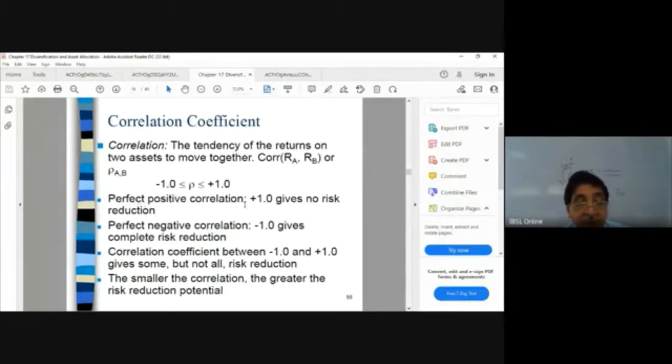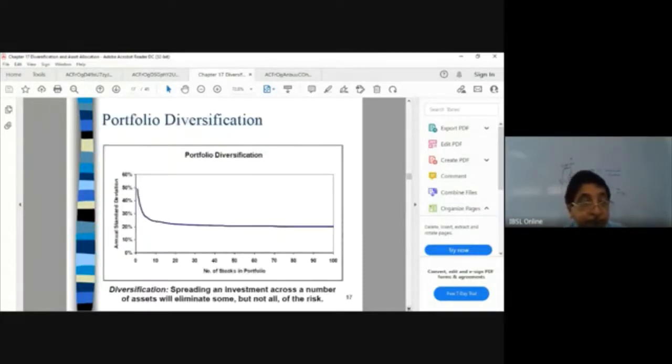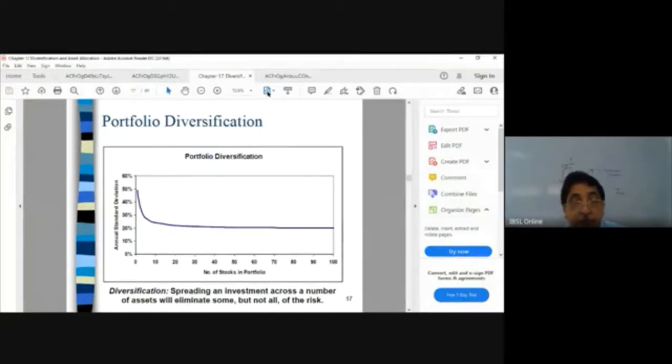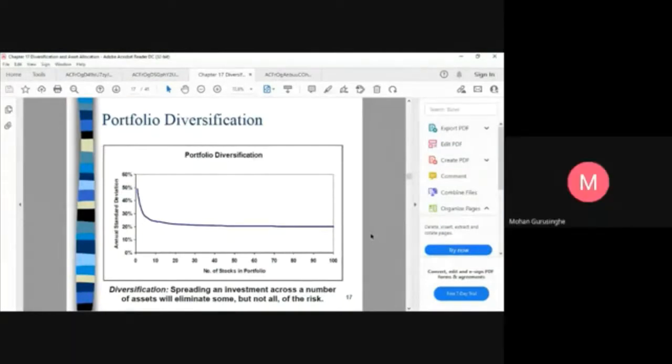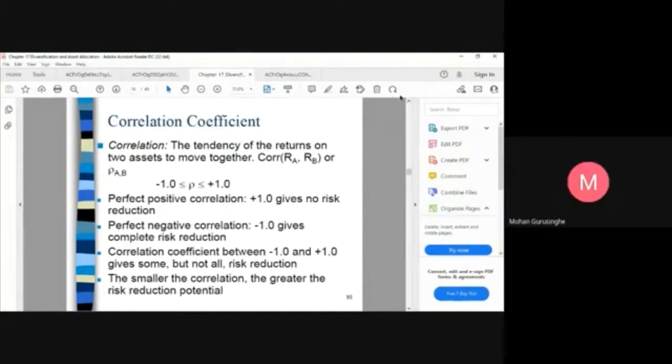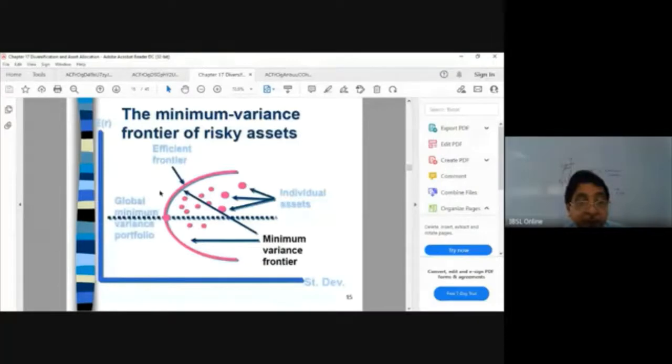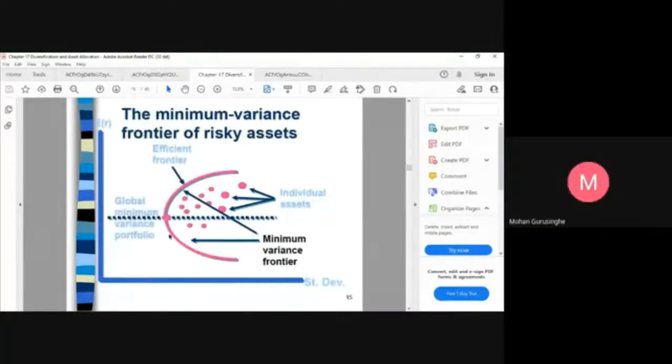Now the correlation coefficient has also been discussed here. Another concept given here. Excuse me, in slide number 15, if you can go again. Early on. Yeah. The total curve is not this one. Is this the one? Right.